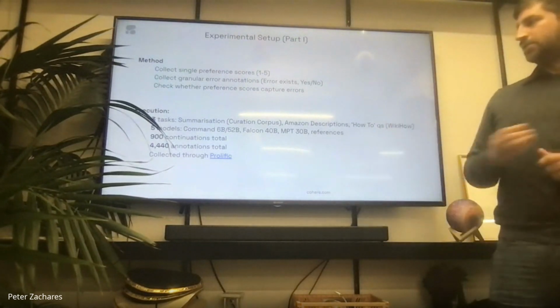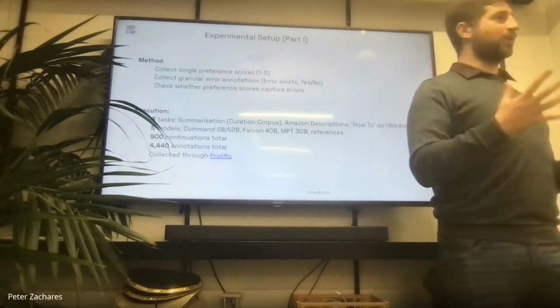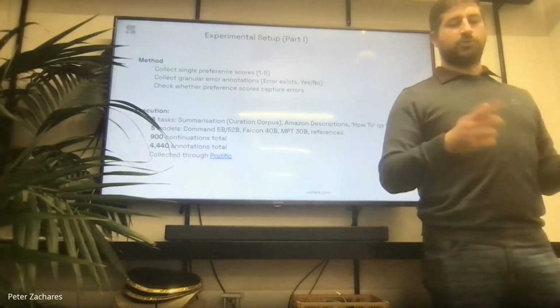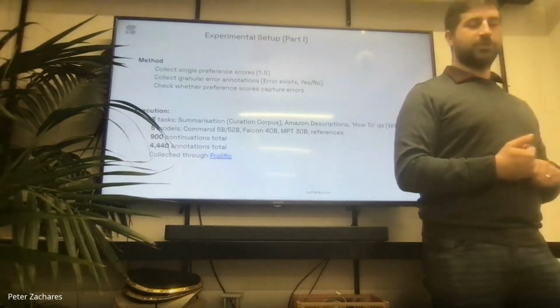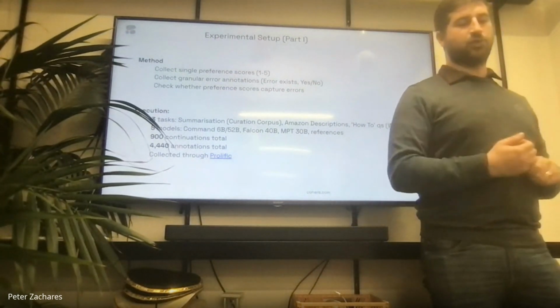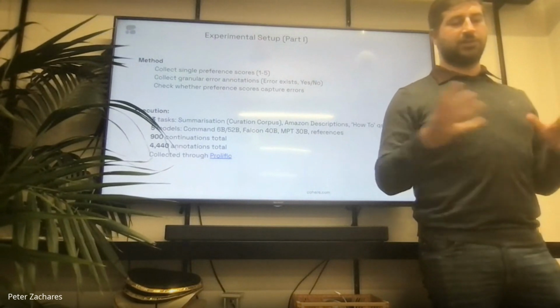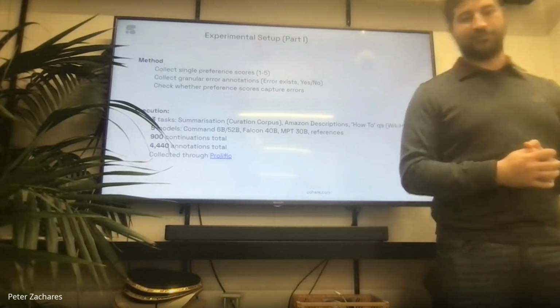We ran this for 3 different tasks: summarization, Amazon descriptions, and how-to questions from WikiHow. We used 5 different models, some of our models, and then some of the open source models. In total, we collected 900 continuations for a total of 4,400 annotations, and we used Prolific as a crowdsourcing annotation provider.